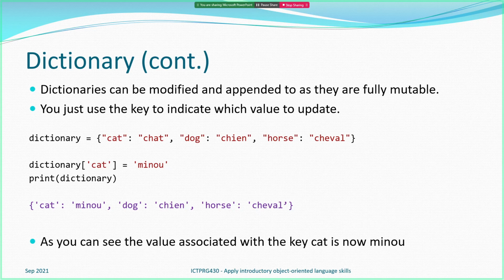We can change the values. What we've got to do is give it the correct key and the new value to be stored. So we do this with the dictionary name, in the square brackets the key, equals the new value to be stored. So again, a bit like a list.